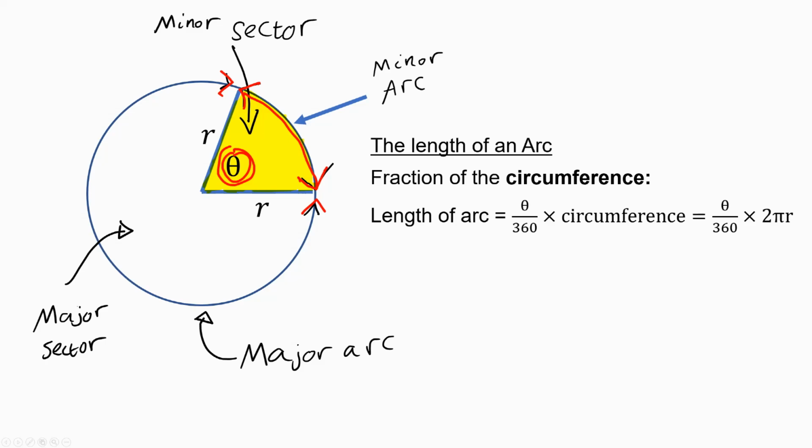So to work out the length of the arc, we need to do theta over 360 times the circumference of the circle. And the circumference is 2 pi r. So we can think of this as theta over 360 times 2 pi r, or theta over 360 times pi d, if you prefer.